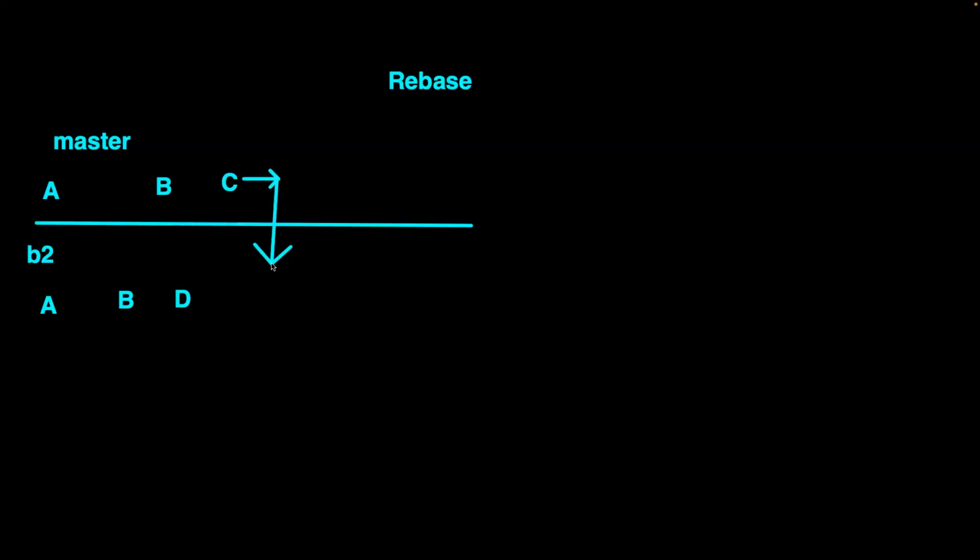What is that called? Getting or integrating changes from one branch to another is a merge. Git merge. So we will merge changes from master into the B2 branch.